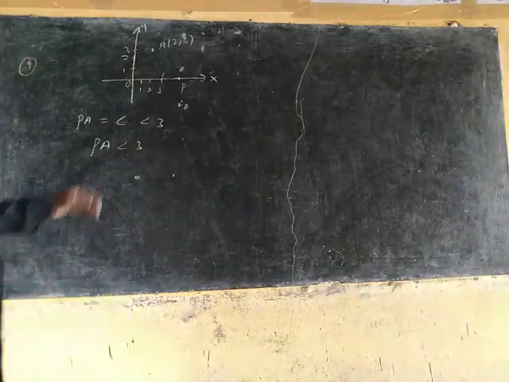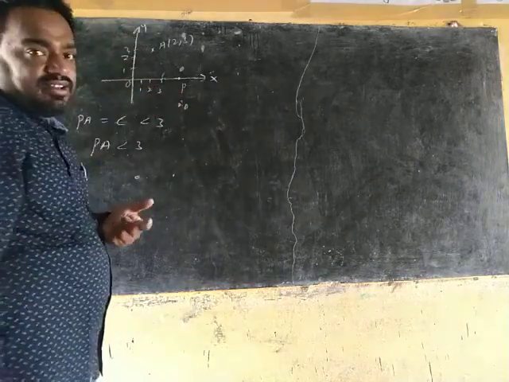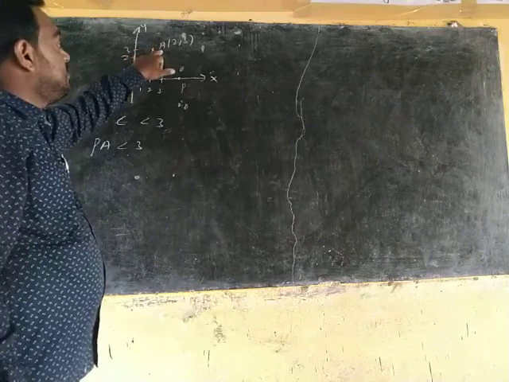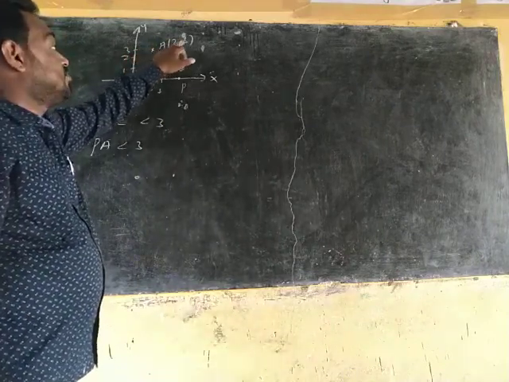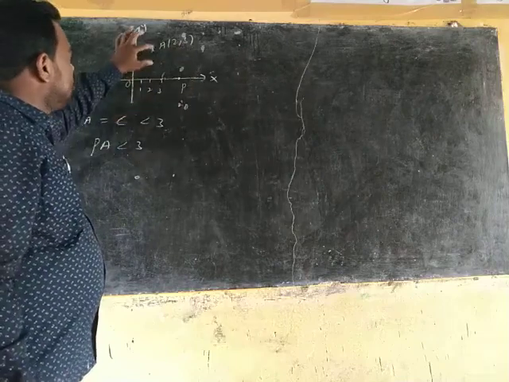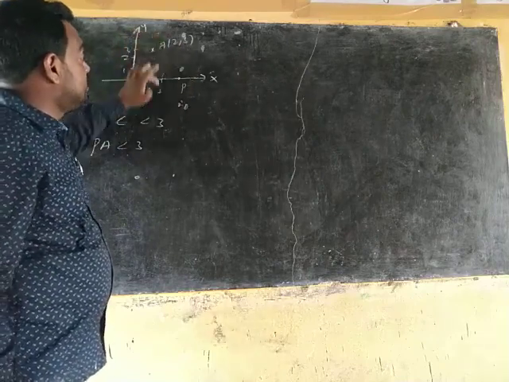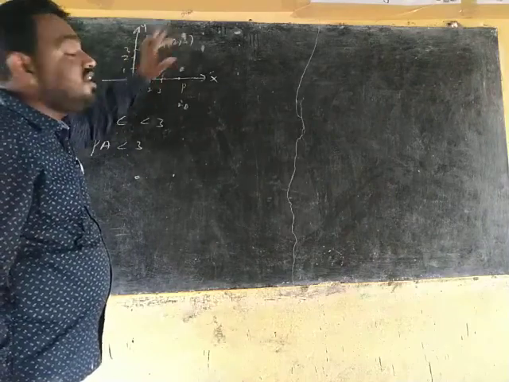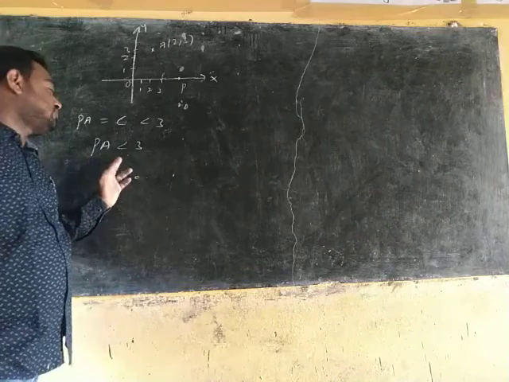You see, P lies on the x-axis. This point lies in the first quadrant. So the distance from this point to the x-axis is only 3 units, here less than 3 units.